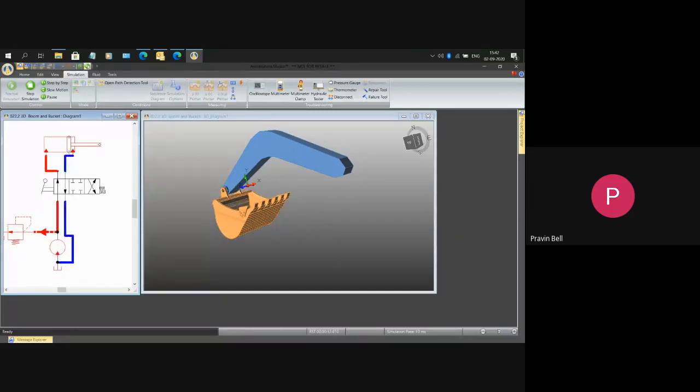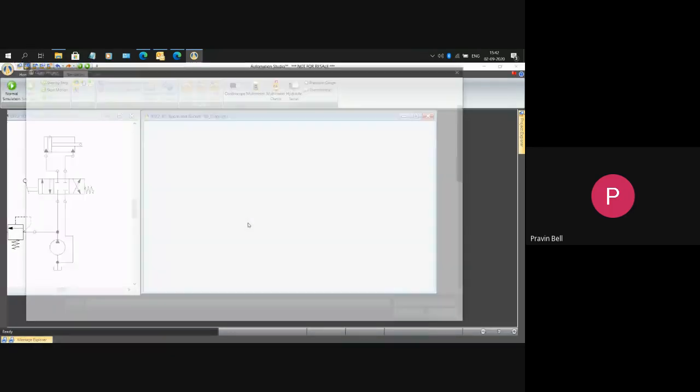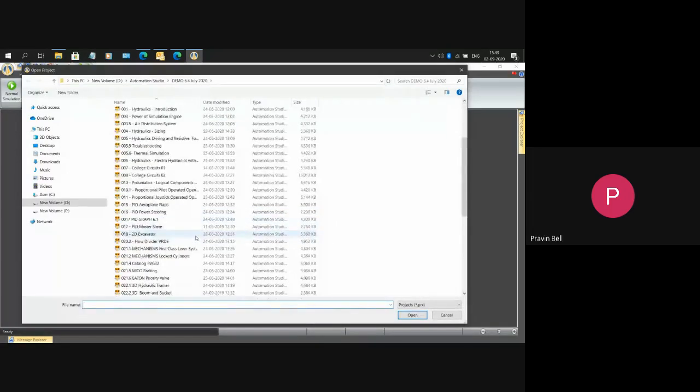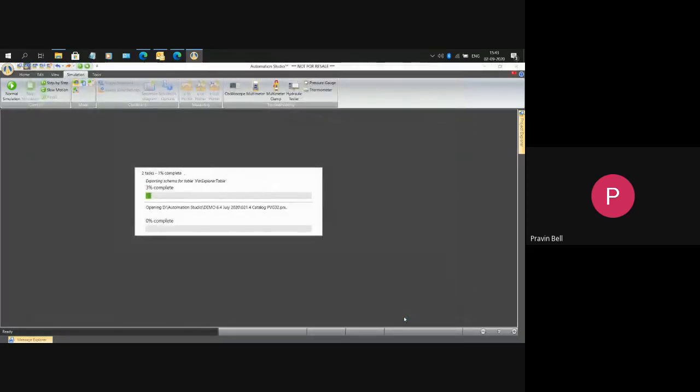Then we also have industry catalogs. Anyone doing projects for the industry, you have to buy the professional version in case you're doing any sort of work.